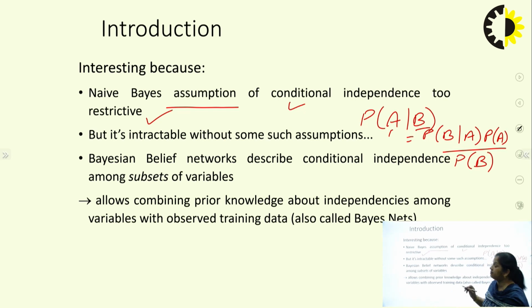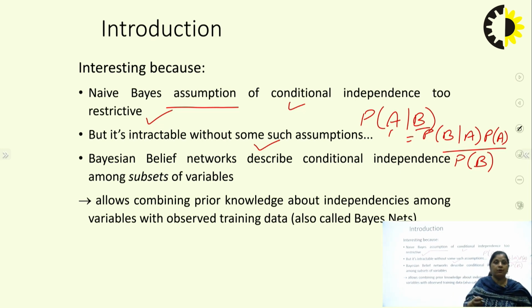So the naive Bayes assumption of conditional independence is too restrictive, and if we do not use this condition on all the attributes, then it is really very expensive. It's intractable without such an assumption.